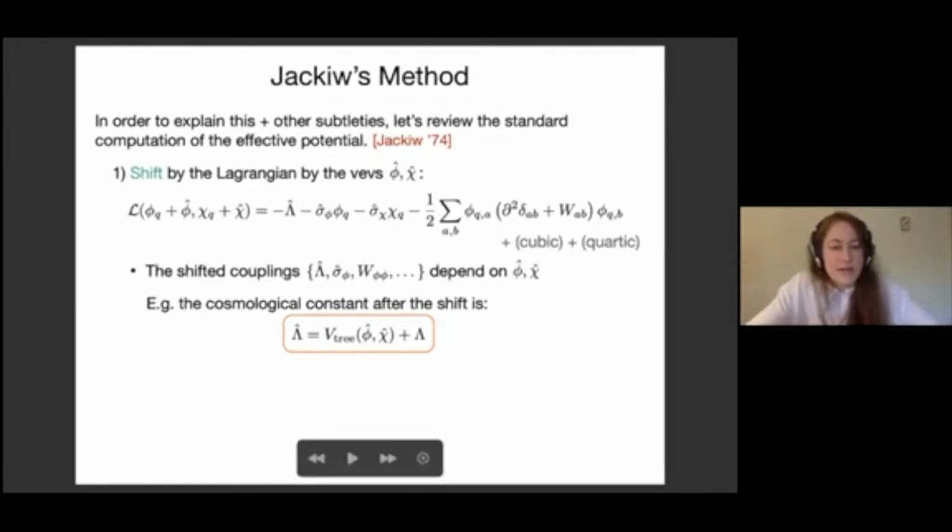For example, this cosmological constant after the shift is just the tree-level Coleman-Weinberg potential, the tree-level potential evaluated on the background fields, plus whatever the cosmological constant in the original UV theory was.